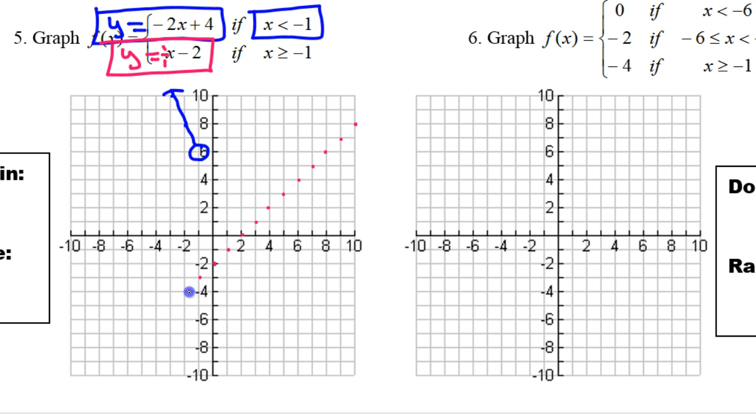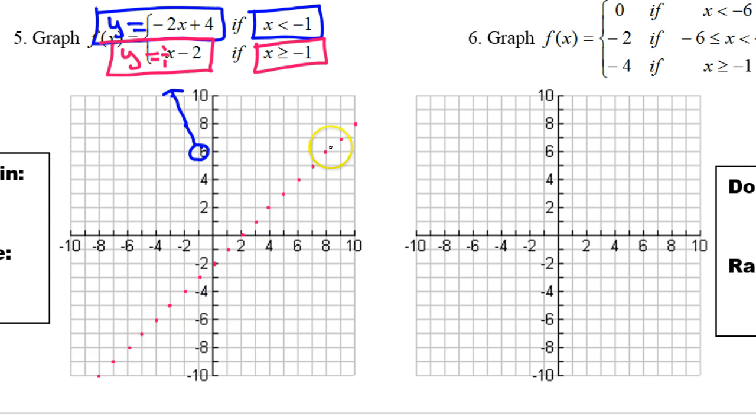And it could continue to the left as well. But again, we are not going to draw the entire line. We're just going to draw the part of the line where the x values are greater than or equal to negative 1. So because of the negative 1, that's going to be the end point of this piece.